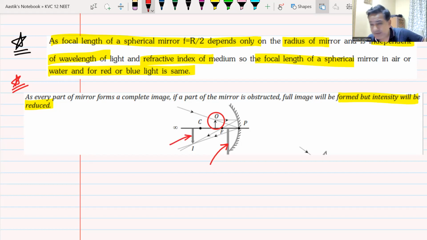The only problem is the intensity, brightness or clarity of the image will be reduced. You can check it with your mirror. If you cover one half, still you will have the complete image being formed.